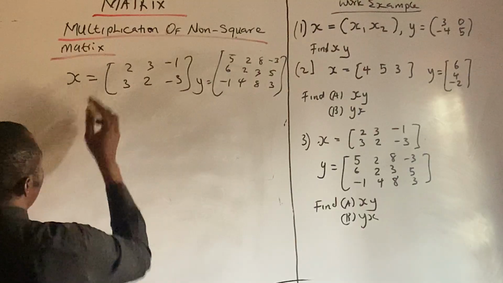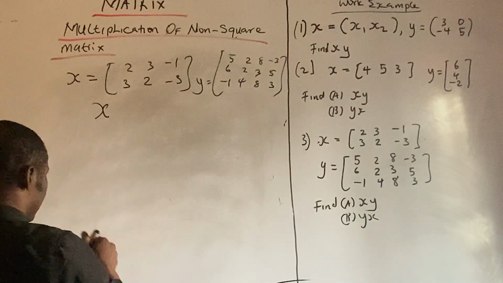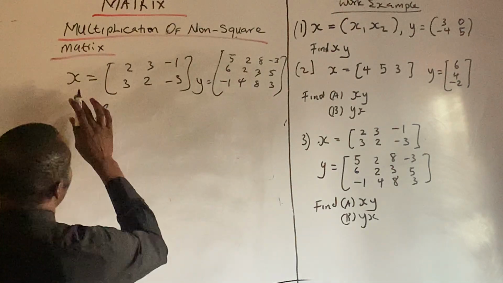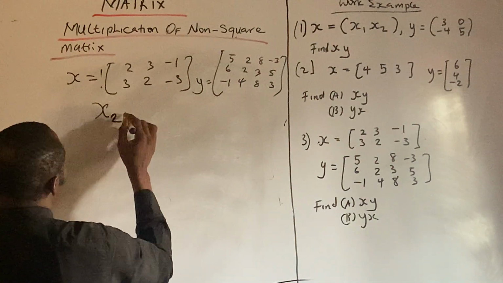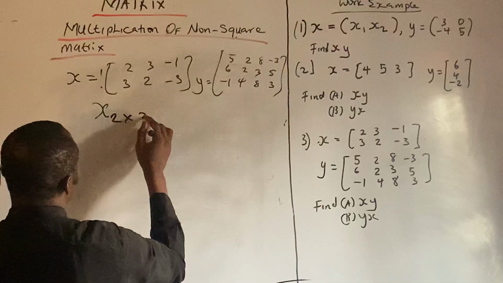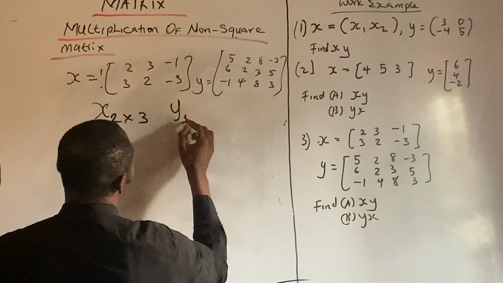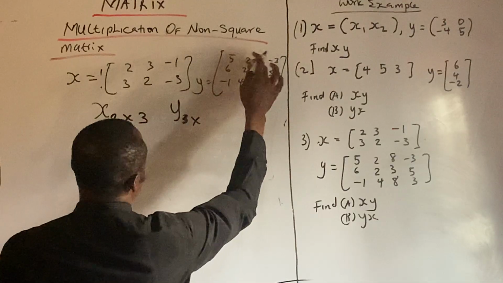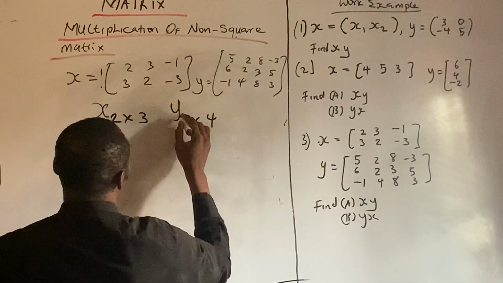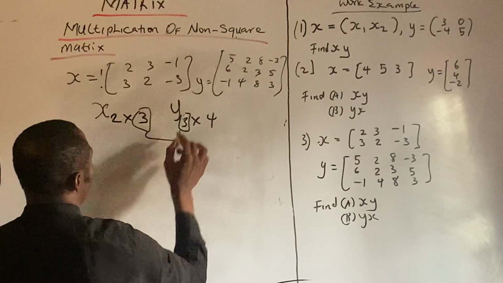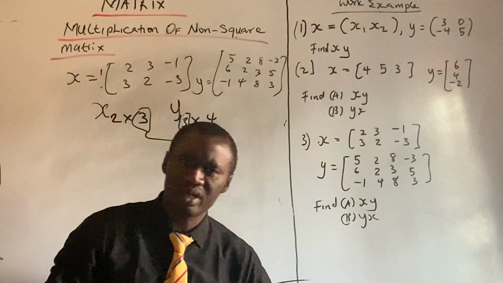I know that the size of x is 2 by 3, and the size of y is 3 by 4. So you understand that the 3 and 3 here are the same thing, so the operation is possible.